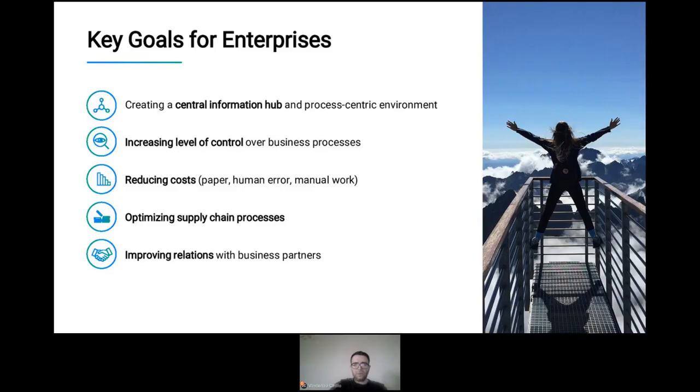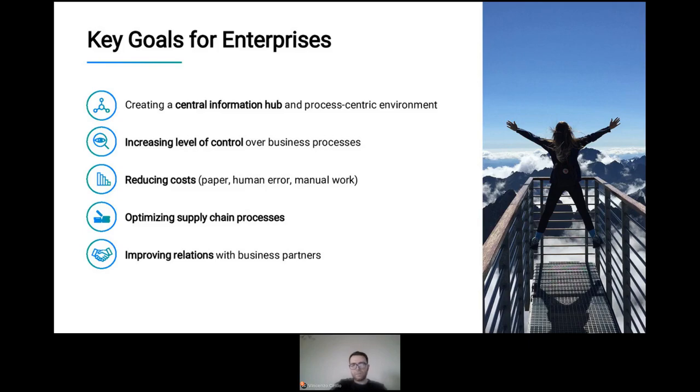And also one of the key goals is optimizing different supply chain processes in their companies, as we have seen and discussed previously. And of course, one of the key goals that many leaders have on their agenda is improving the relationship with their business partners.